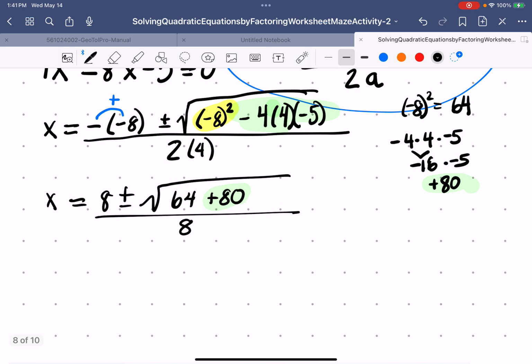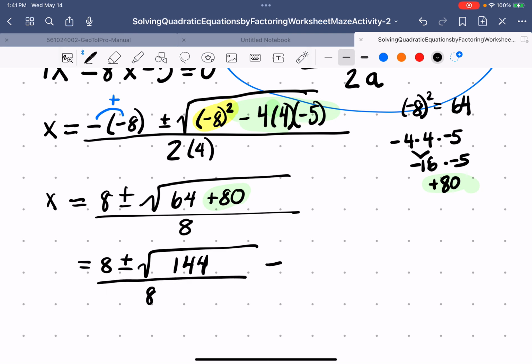Okay, so from here, let's simplify this so we can take the square root. So I have 8 plus or minus the square root of 64 plus 80. 64 plus 80 is 144. And the square root of 144 is equal to 12, because 12 times 12 is 144.